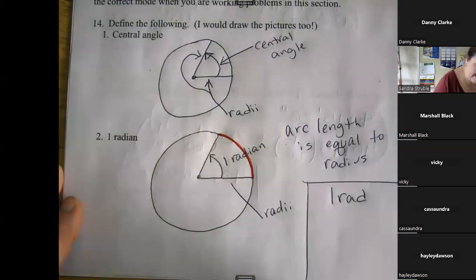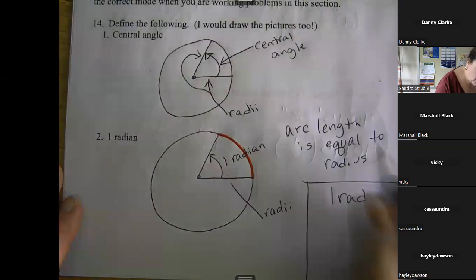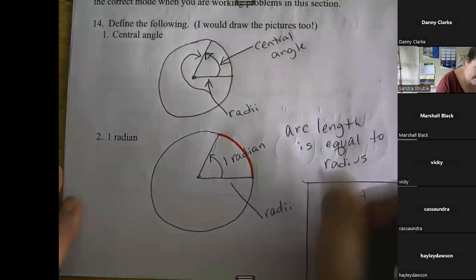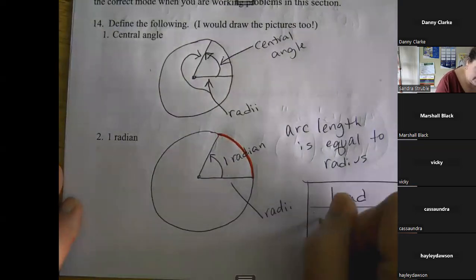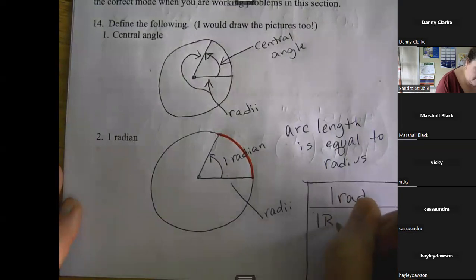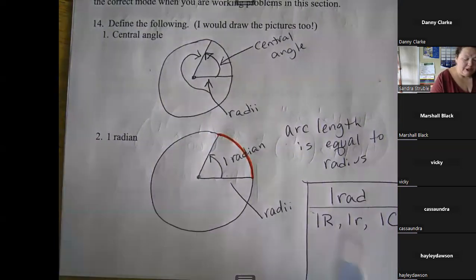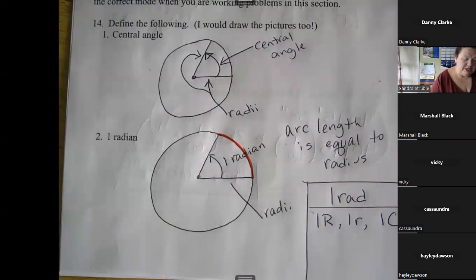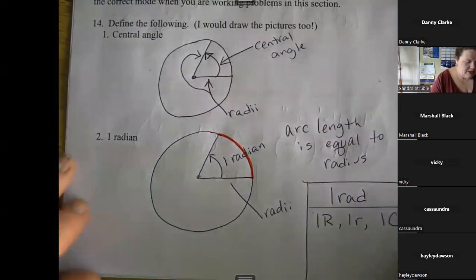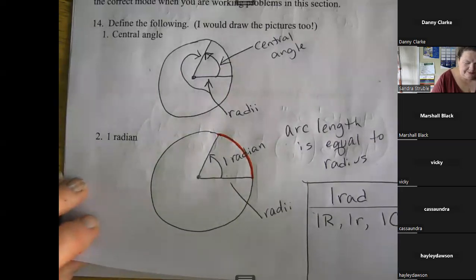If it's not just 1 rad, they might use a capital R. I'm going to be consistent and use rad, but these are some other things you might see. 1 R, 1 rad, 1 little r. You might even see 1 C, for central angle. Those are some things you might see. I'm going to use rad because it's rad. Yes, I'm being a nerd. All right, let's go on.